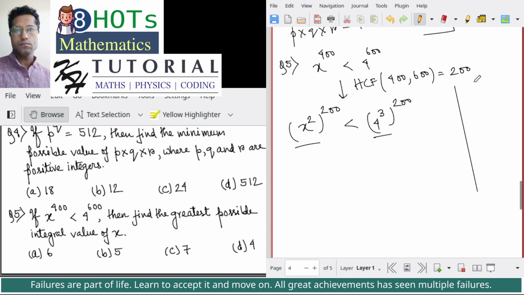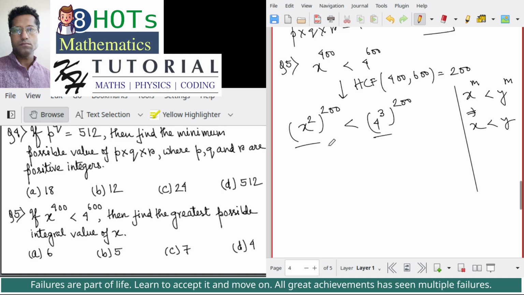Whenever you have x to the power m less than y to the power m, where x and y are positive integers and m is also a positive integer, then you can always say that x is less than y.